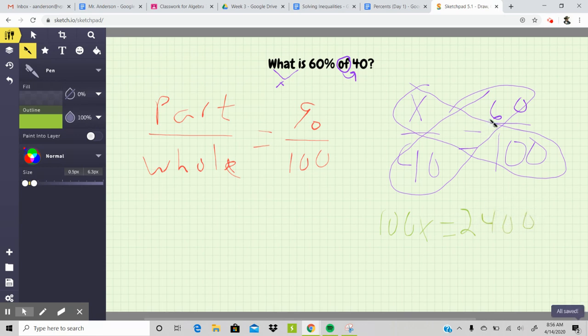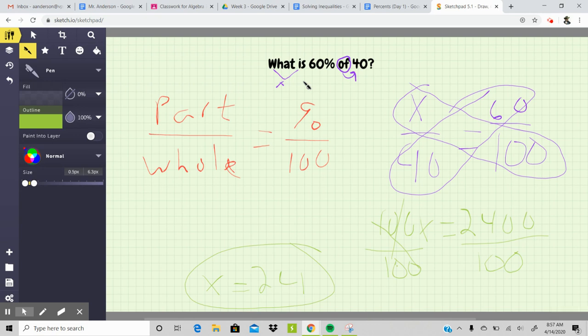I get that by 6 times 4 is 24, and then I add my 2 zeros in. Then to solve for X, you just divide by 100 on both sides. I'm left with X equals 24 divided by 100, wait, 2,400 divided by 100, which is just 24. So 24 is 60% of 40.